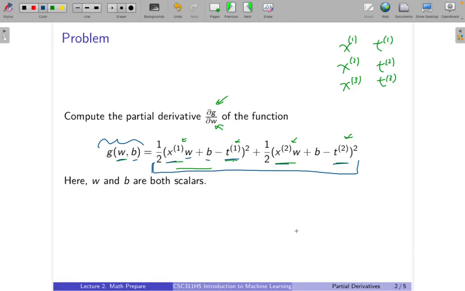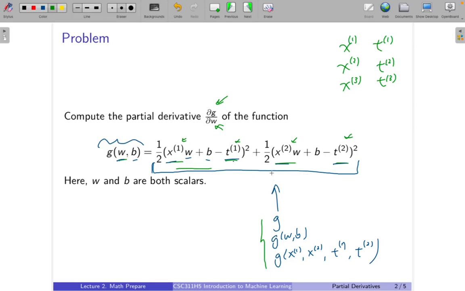And in machine learning and in math in general, we'll sometimes refer to the right-hand side quantity as just g of wb. Sometimes we might want to make the dependence on the x's and t's explicit. And all of these will refer to the same right-hand side quantity.